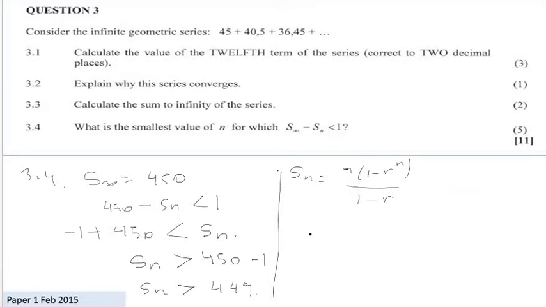Substituting, a is the first term, 45, r is 0.9, and 1 minus r is 0.9.